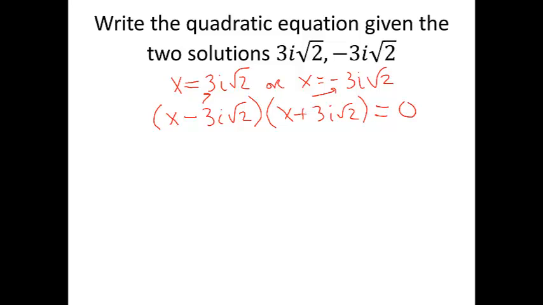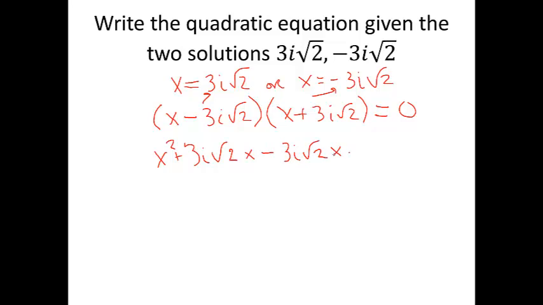So I'm left now to FOIL, and I want to just be careful when I'm foiling this. If I take my first two terms, x times x, I get x squared. My outside terms are going to give me 3i root 2 times x. Then my inside terms are going to give me minus 3i root 2 times x.